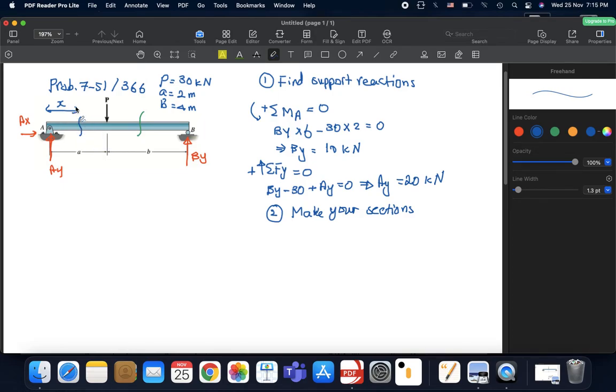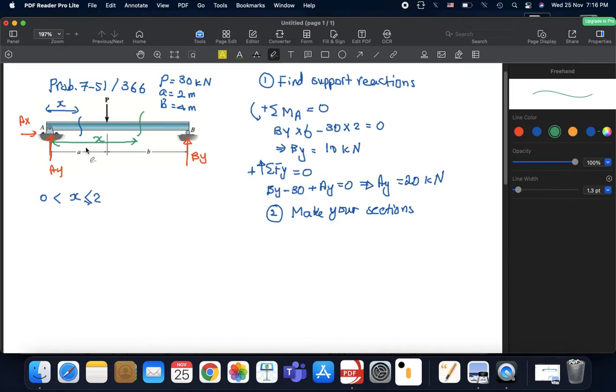For this first section, the equations that we come up with apply for values of x larger than 0 and less than or equal to 2. I would say equal, doesn't really matter. Now, if we go here, this distance we could also call x. Whatever you want to call it, it's up to you. This distance is x.